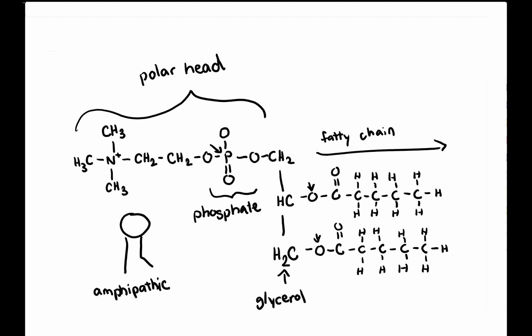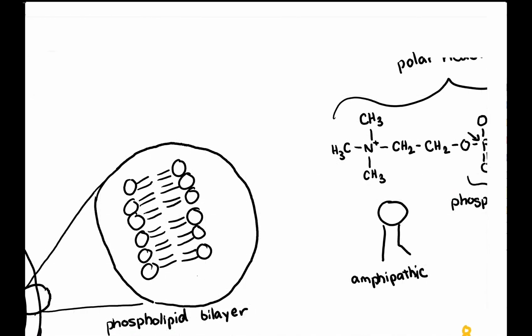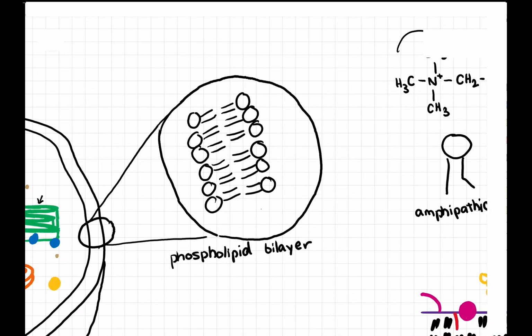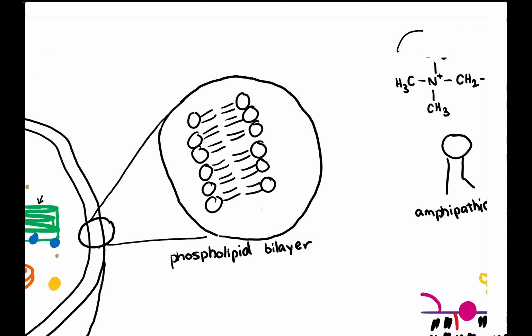because it's charged. And so how does this help the cell membrane in regulating what goes into the cell, what goes out of the cell? Because your polar heads are facing outwards, you have that extracellular interstitial fluid made up of water and other different proteins, nucleic acids, and organisms.